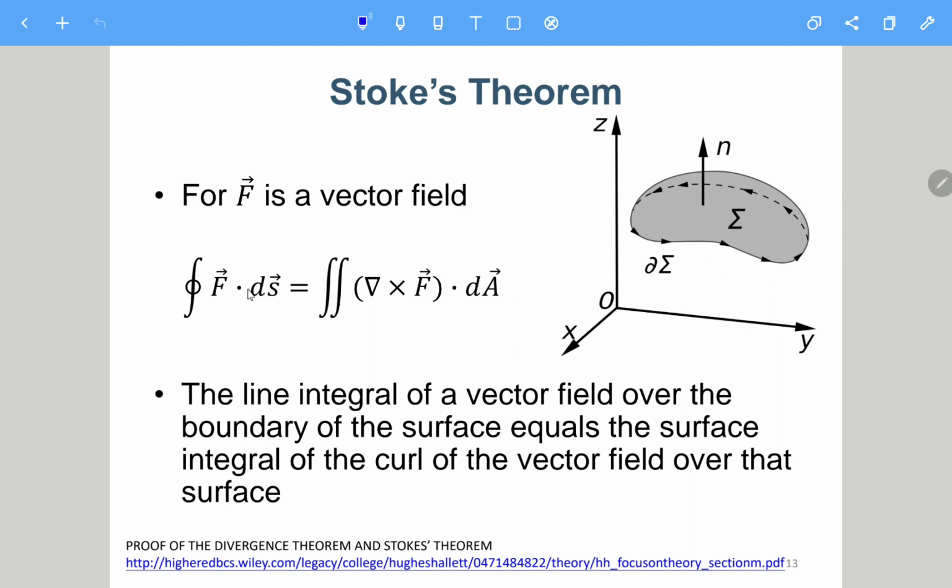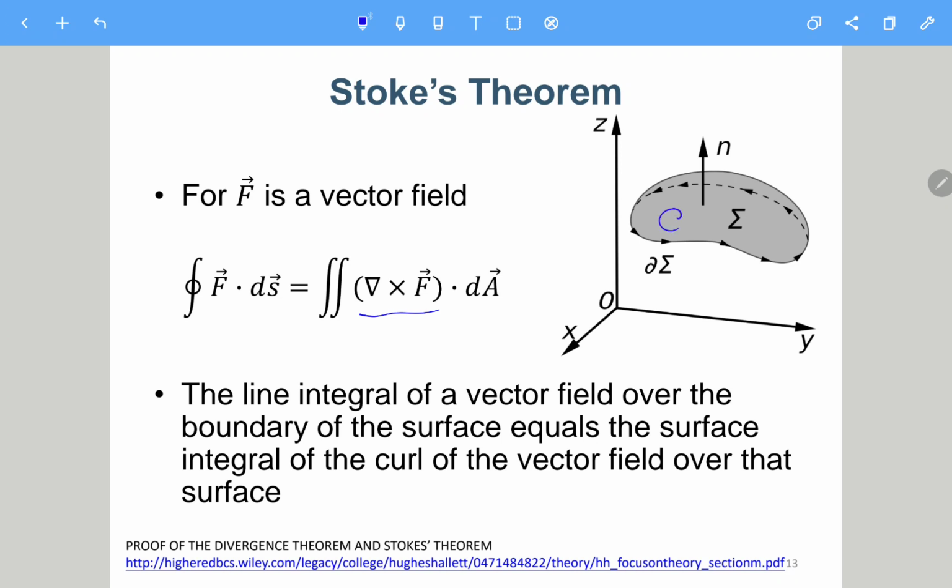Suppose in this space we have the vector field F, and then we can calculate the line integral of F over this Ampere's loop. It will be equal to calculating the curl of F integrated over this surface. If you still remember, curl is something like rotation.